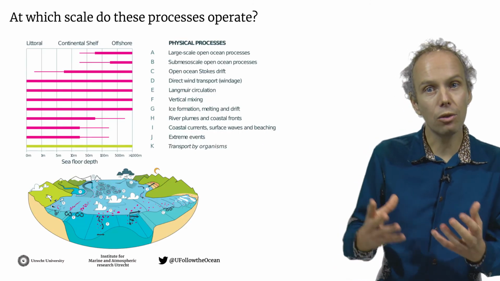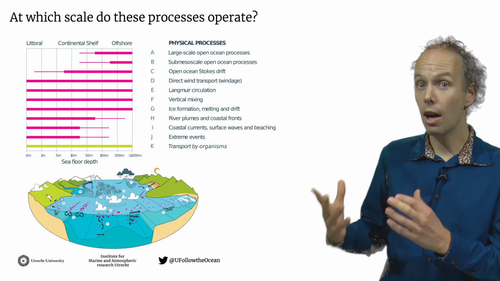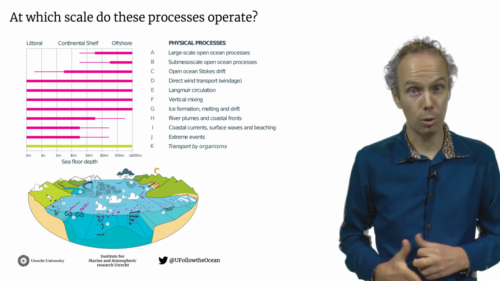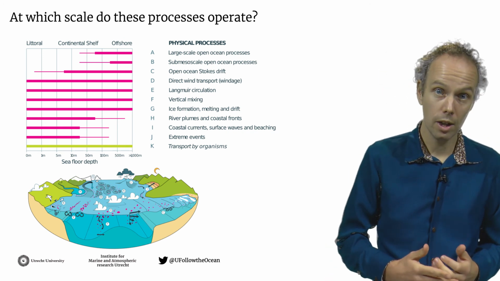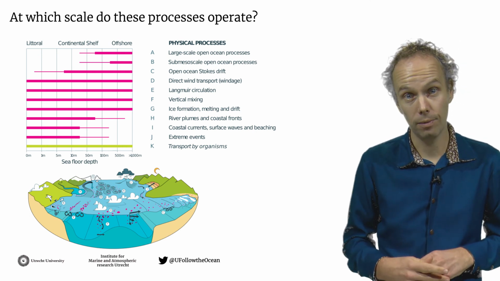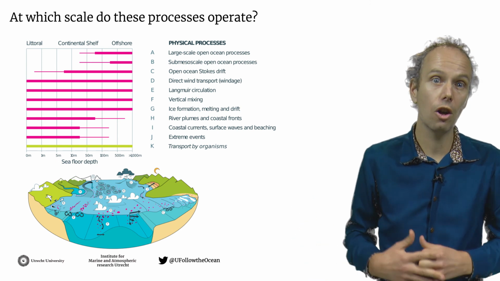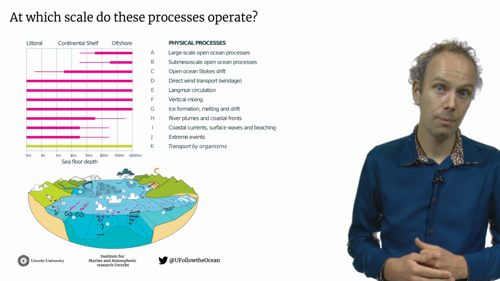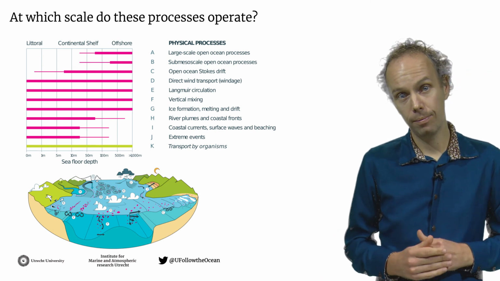We grouped these into 10 different categories of physical transport processes, plus a bonus category for transport by organisms. Some of these processes operate only offshore, like the large-scale open ocean processes such as the gyre circulation. Others operate only on the shallow littoral regions close to the coastlines. And some, like vertical mixing, operate in all depths.